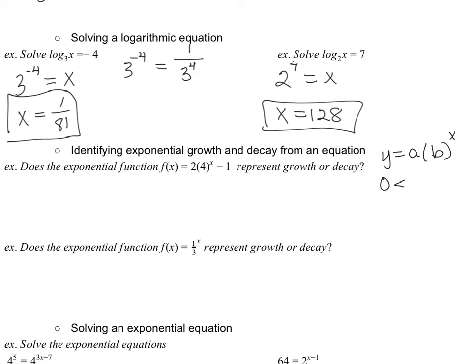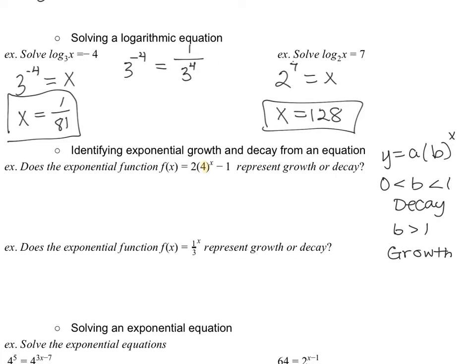So if b is between 0 and 1, we have decay, and if b is greater than 1, we have growth. So the number in front of the parentheses and any number being added or subtracted has nothing to do with growth or decay. We only care about the base number.